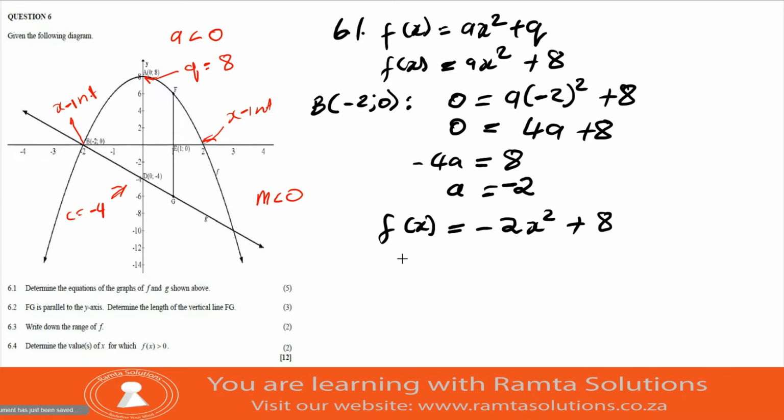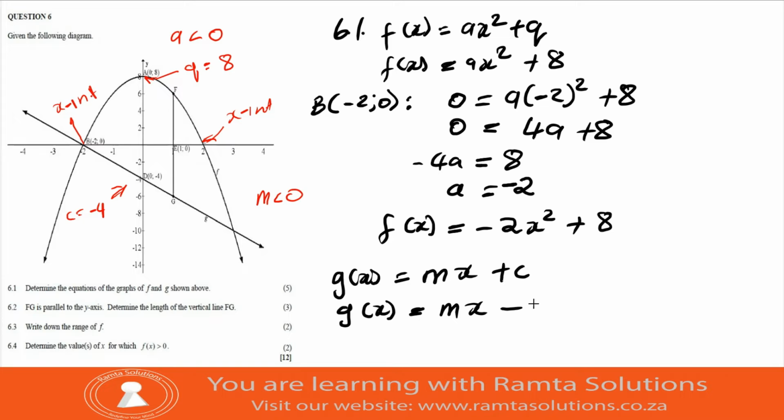All right, now let's head to g of x. G of x is a straight line. We expect it to have the form mx plus c. However, I told you g of x, the y-intercept was -4, so we are sorted.